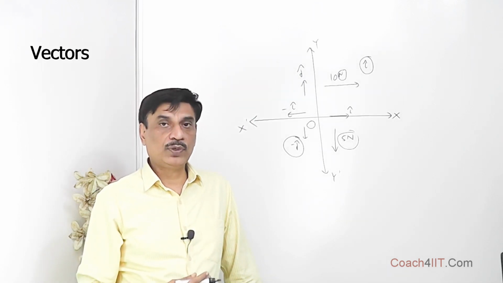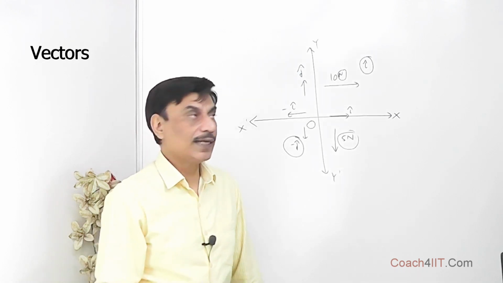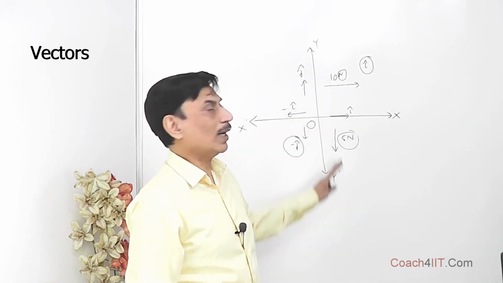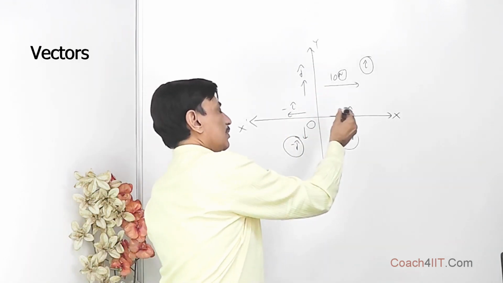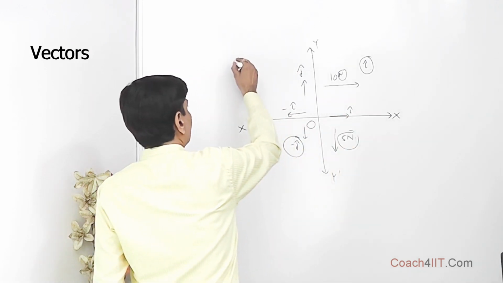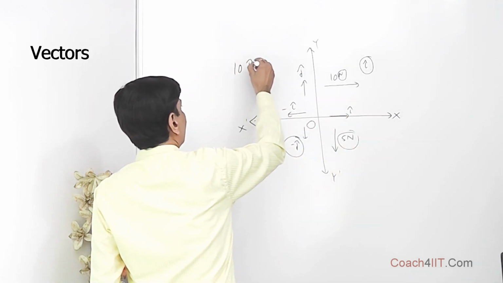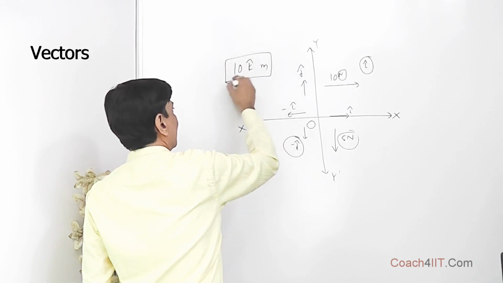So far we have been doing cases where the forces, vectors or displacements are aligned purely along the x-axis or y-axis or even z-axis. If a body purely goes in this direction as 10 meter, we'll say its displacement is plus 10 k cap meter.